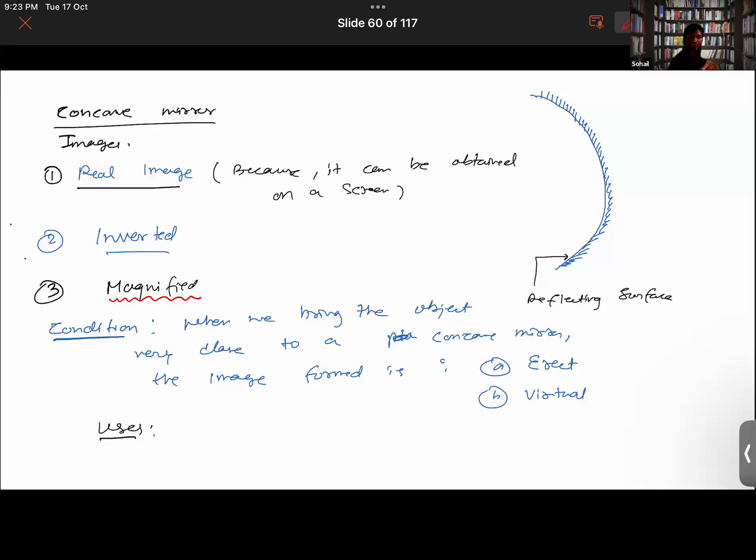On the rear mirror of the car you will see a text written: Objects in the mirror are closer than they appear. Why is it so? For the convenience of the driver, so that a vehicle coming from behind the car, the driver will be able to see it even if it is at some distance. Tell me what type of mirror that is. It's a convex mirror.